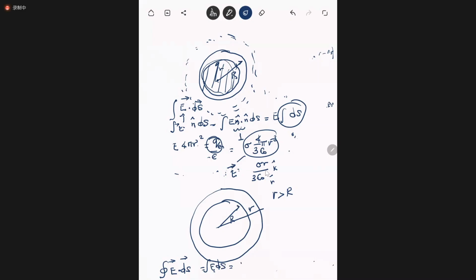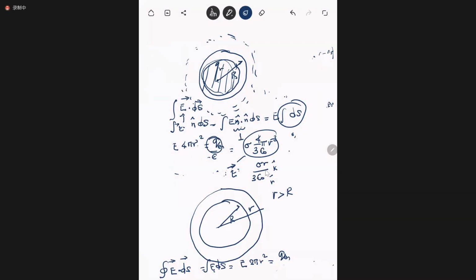The E comes outside, so it's basically E times 4 pi r squared, and this is equal to the Q enclosed divided by the permittivity of space. Now let's see what the Q enclosed is. The Q enclosed is basically the integral of sigma dV, divided by the permittivity of free space.